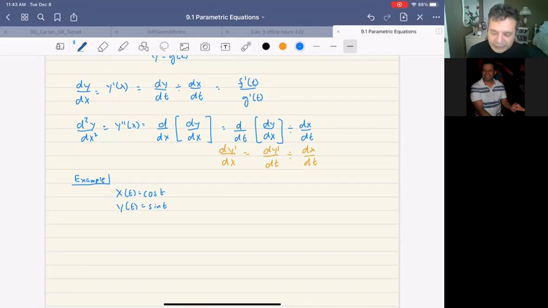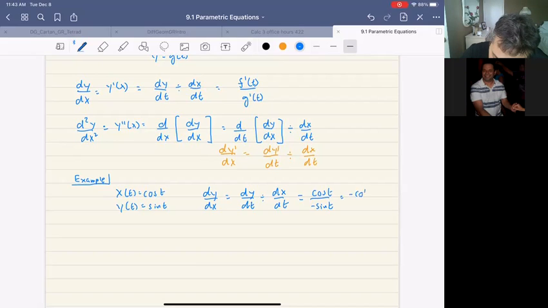So let's take dy dx. dy dt divided by dx dt: the derivative of sine is cosine of t, and the derivative of cosine is negative sine of t. So far so good, right? Let's write this as negative cotangent of t.